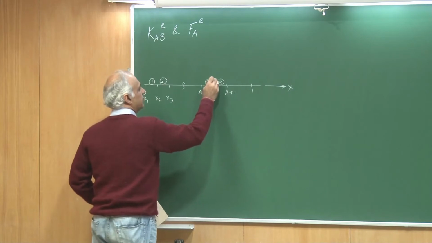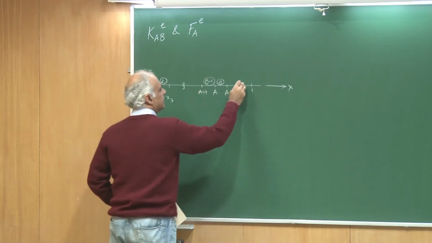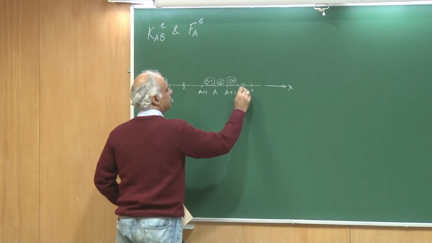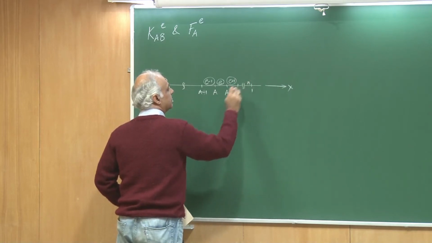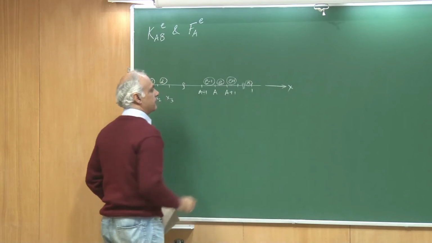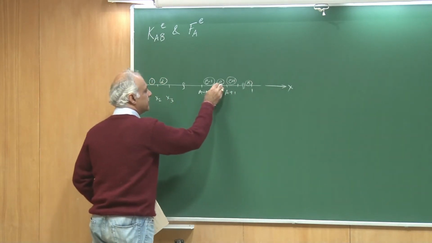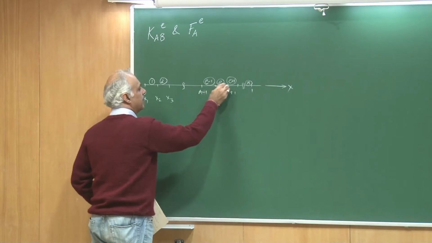This is element E minus 1, this is element E plus 1, and I can of course talk about the last element, which is element N. Okay. So, we are looking at element number E, which means this element over here.